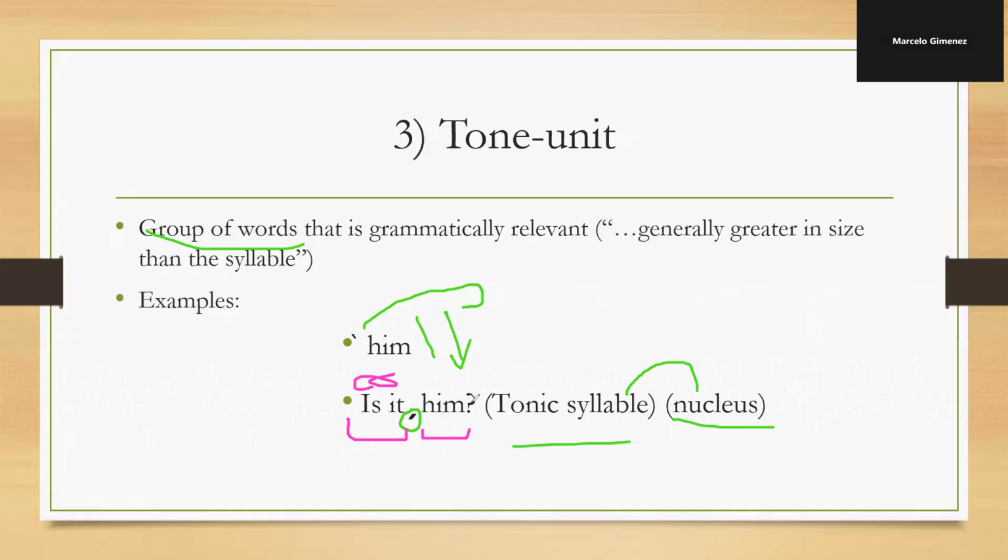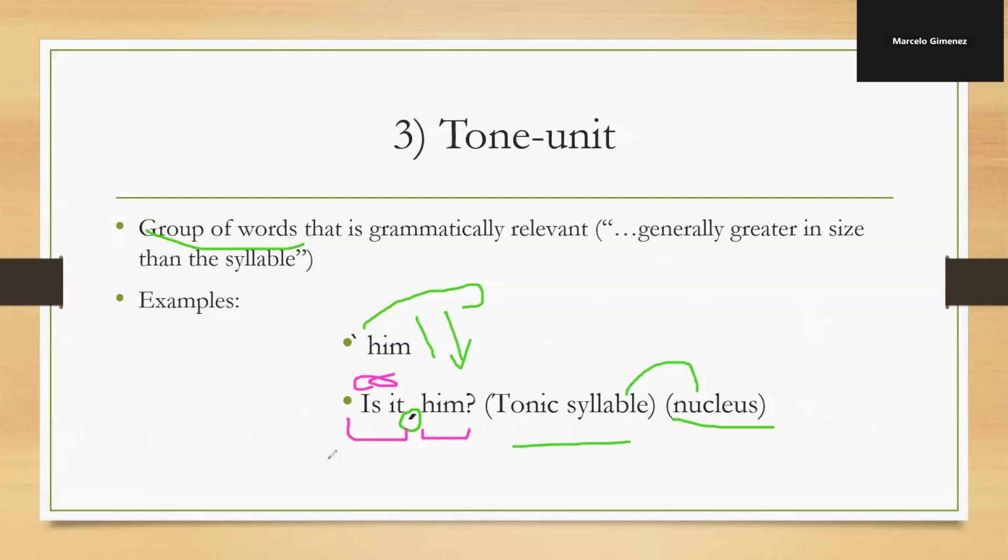It goes without saying that in a tone unit like this, before the nucleus, which is known as the pre-nuclear pattern, everything that is before, all the syllables that happen before the nucleus, there are no prominent syllables, or there are non-prominent words.